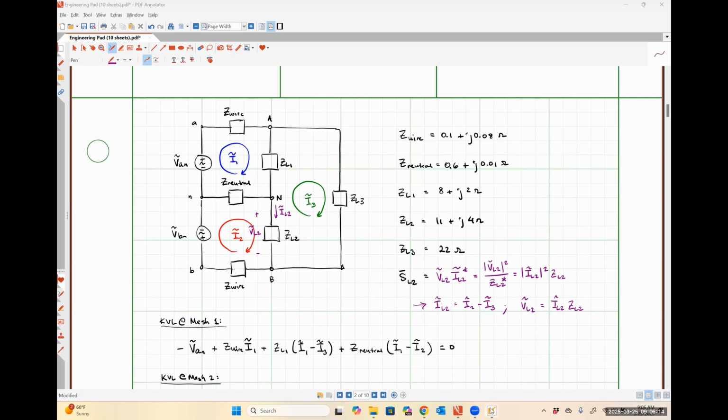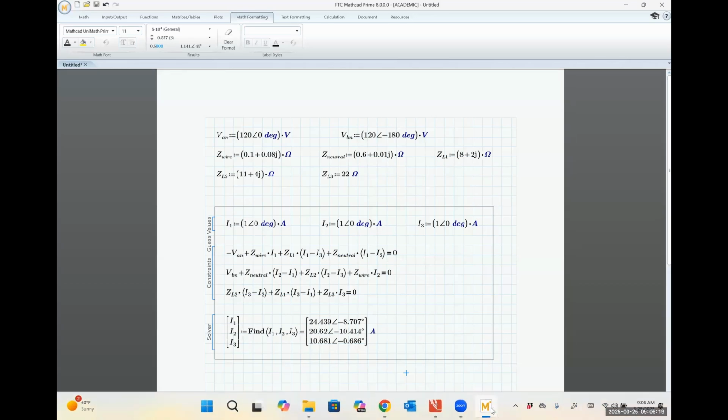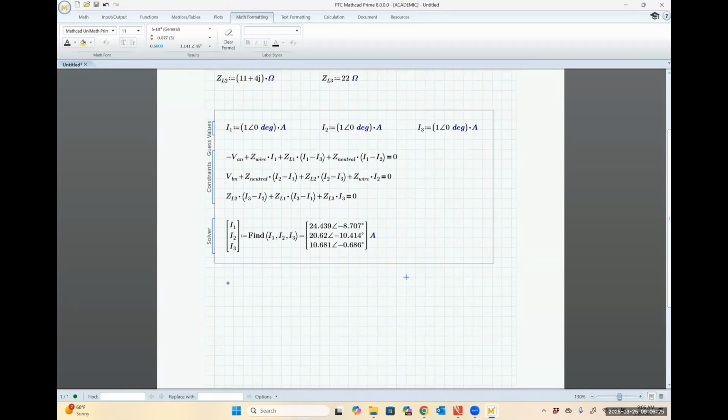All right. So, oh wait, I need my keyboard for this. Down here outside of the solve block, I'm just going to write a new equation that says that IL2 is I2 minus I3. Yes. So the KVL equations, you have it equal to zero. Remember, I put in the equal sign and it just solves it out.